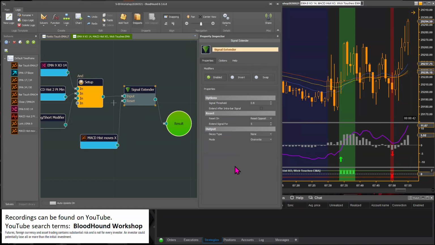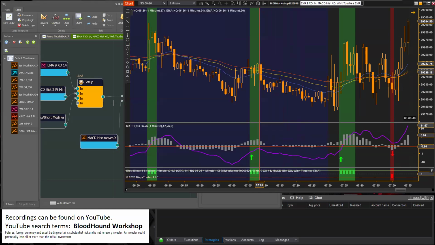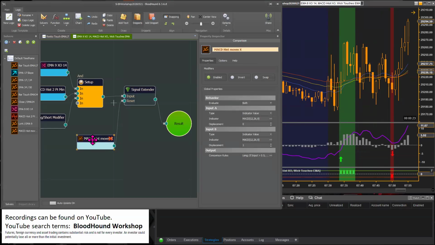There we go. All right. So our longs extend until the MACD drops by 0.5. Same thing here. MACD drops by 0.5. And right there, the MACD dropped by 0.5.